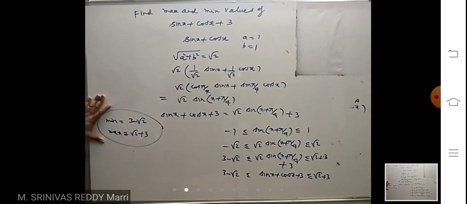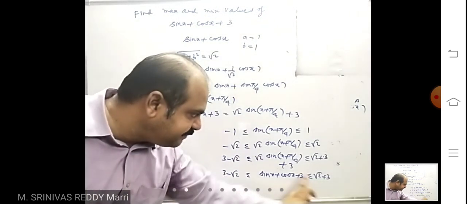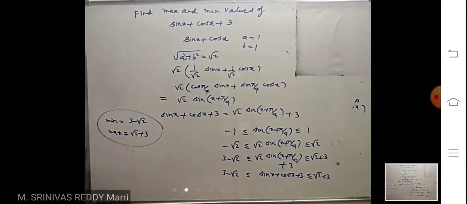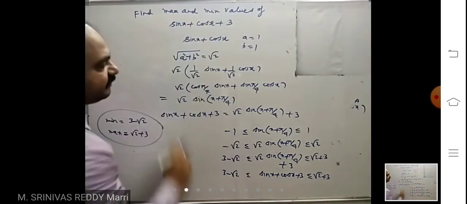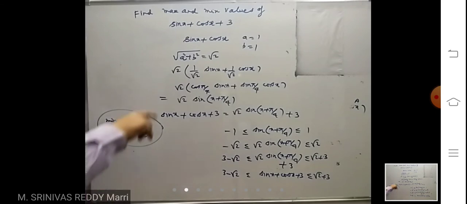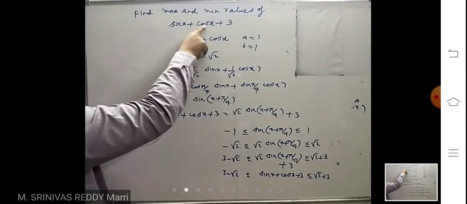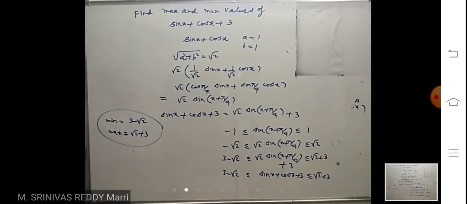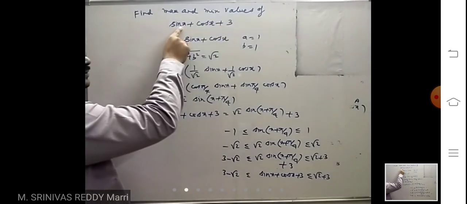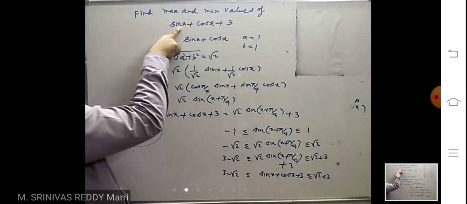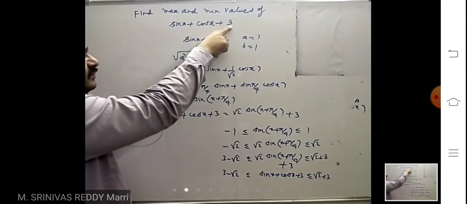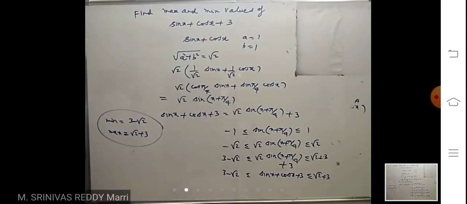Suppose you have a doubt. I have proved that this value lies between these two values. Say somebody substitutes minus 1 for sin x and minus 1 for cos x. What will you get? 3 minus 2, which is 1.